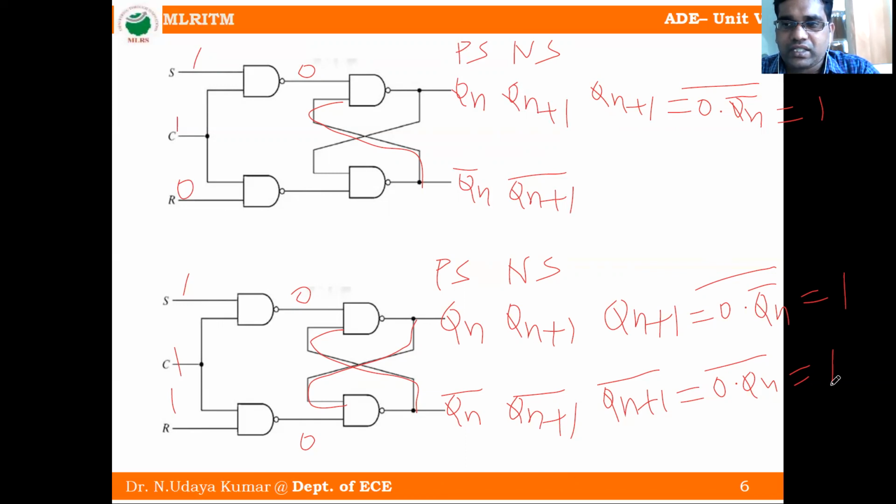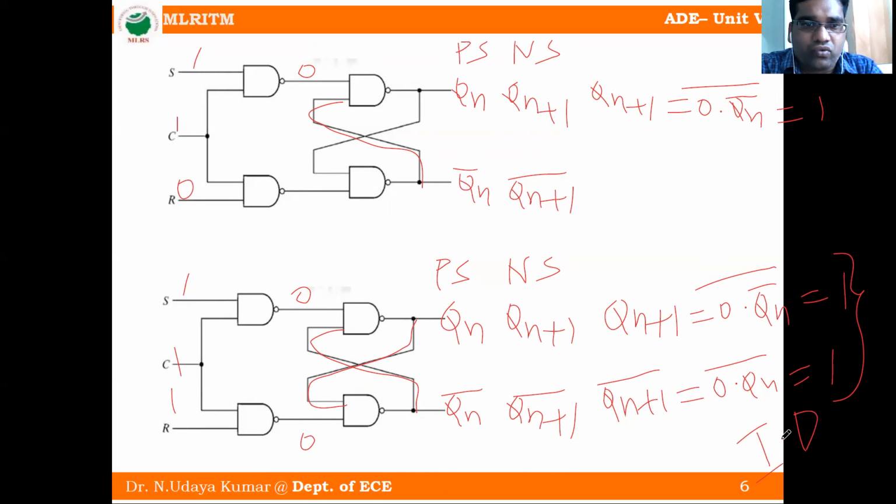So this case is not possible in practice. That's why we call it the indeterminate state, denoted as ID. So the state is wasted. Whatever the input is given, we can't find the output. This state is the indeterminate state.